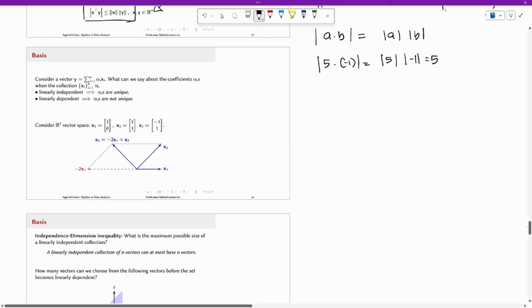You say a set of vectors is linearly independent if the only way a linear combination of those vectors can produce a 0 vector is if all the alpha i's are 0. If there is any other non-zero alpha i combination that gives you 0, then the set is linearly dependent. Which is equivalent to saying the set is non-redundant. If there is no redundancy in the set, that means you cannot generate any of those vectors in the set as a linear combination of the other elements in the set.